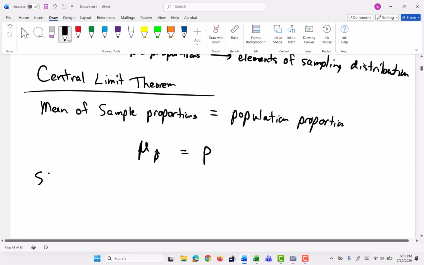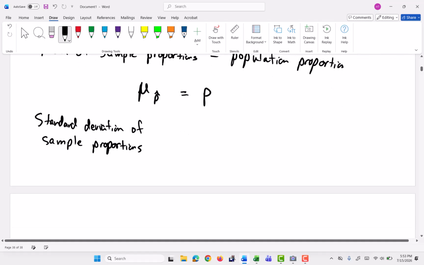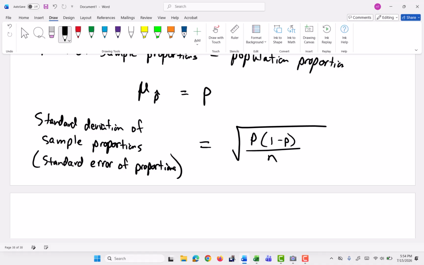The standard deviation of the sample proportions, sometimes called the standard error of the proportions, is equal to the square root of the population proportion times 1 minus the population proportion over n, the sample size.